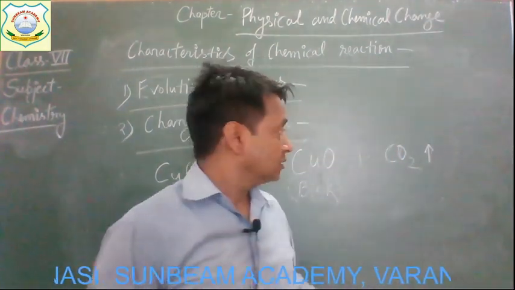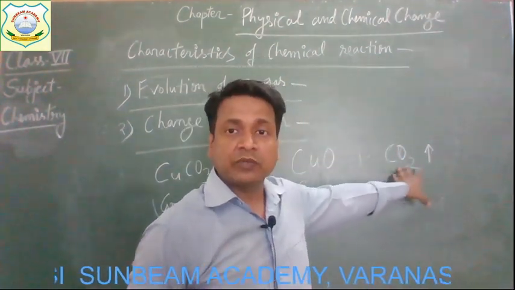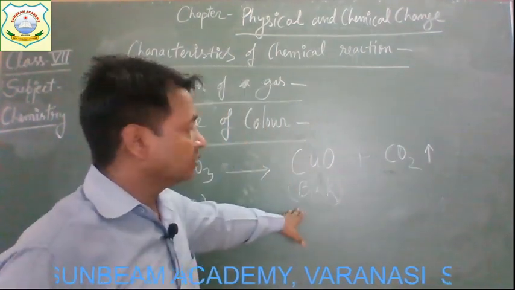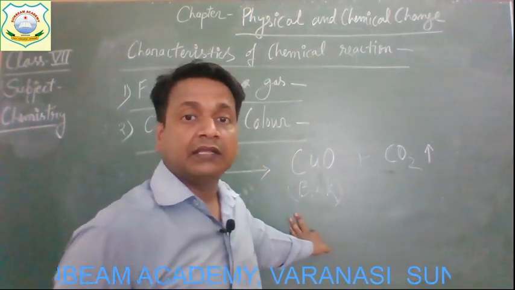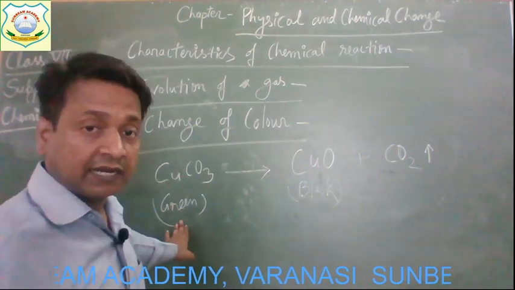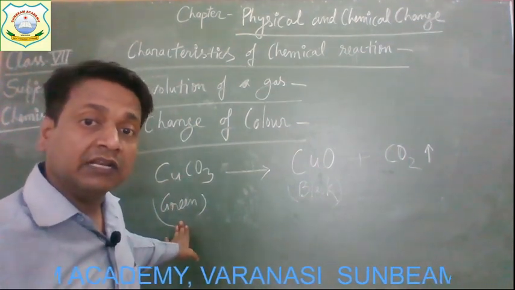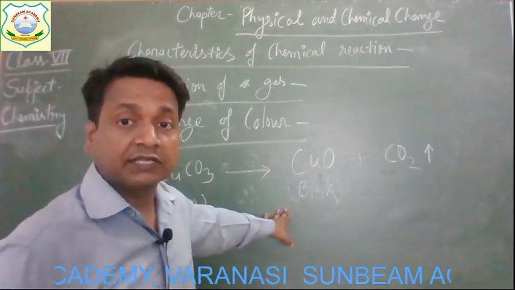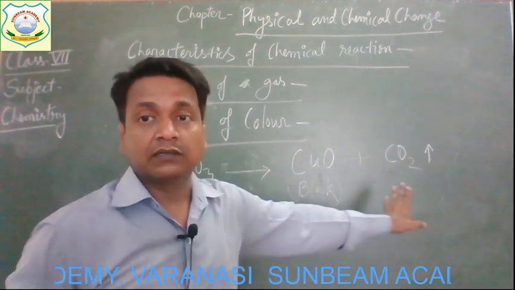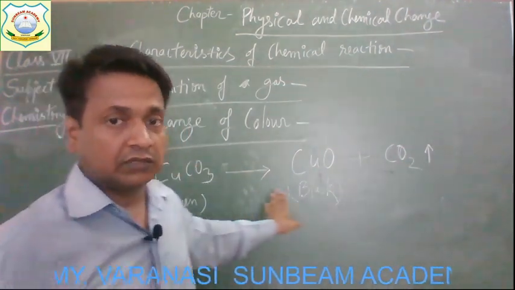Okay children, the carbon dioxide gas is shown by an arrow, and the product, which is black in color, is completely different from the reactant, because the reactant is green in color and the product is black. So we can say that here a chemical change has occurred.